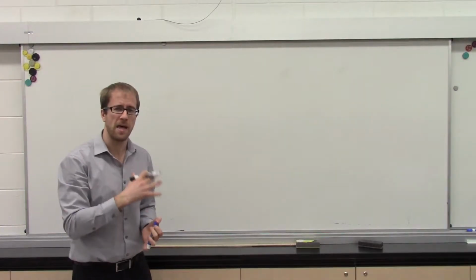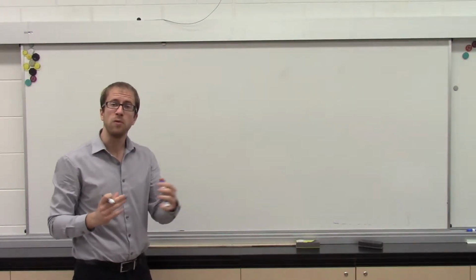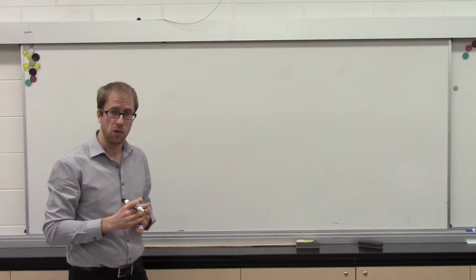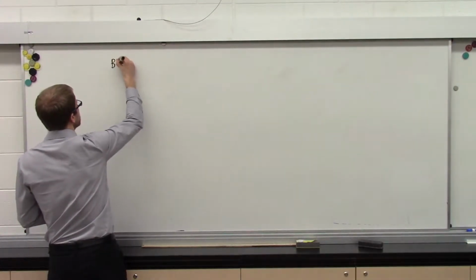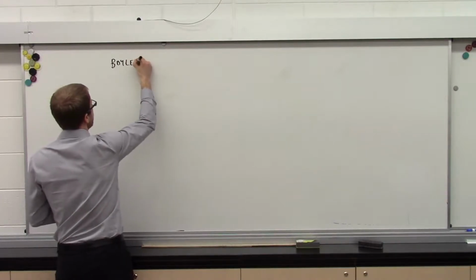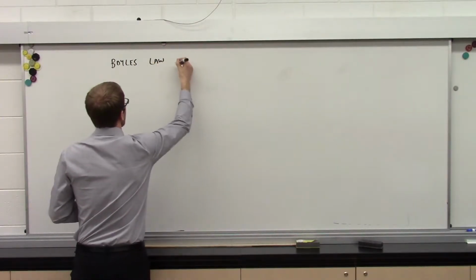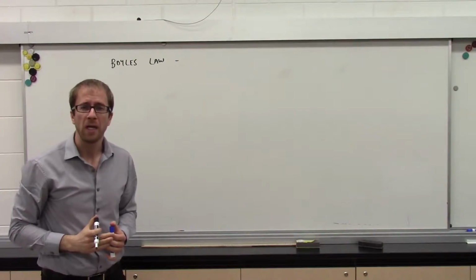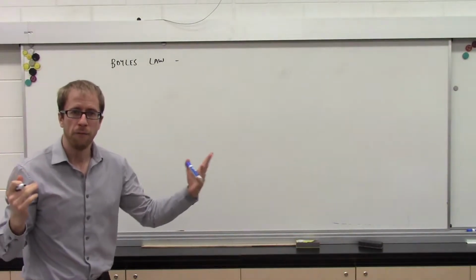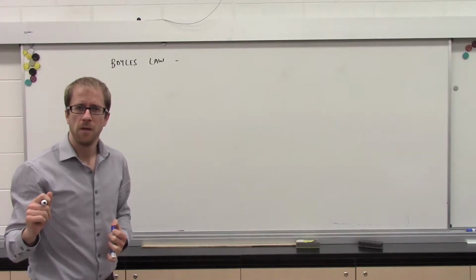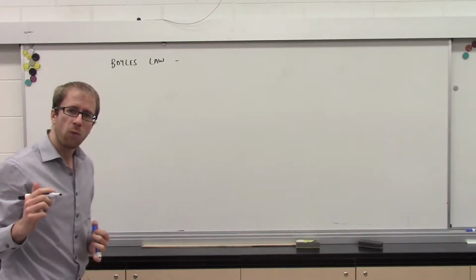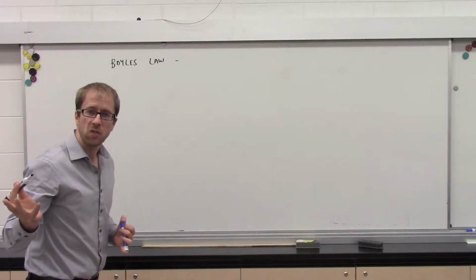But before we get into that, let's just quickly review the different relationships we've explored so far. So first up is Boyle's law, and Boyle's law, we explored the relationship between pressure and volume. What was that relationship? Well, it was inverse, right?